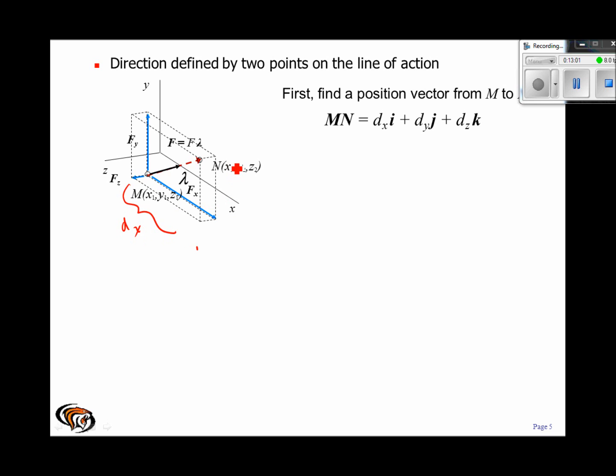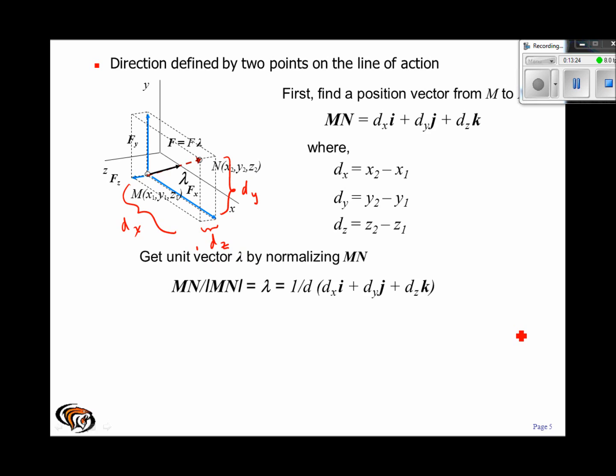The length along the y-axis is dy, and the length along the z-axis is that. So we finally have those lengths. Dx is x2 minus x1, dy is y2 minus y1, and dz is z2 minus z1.